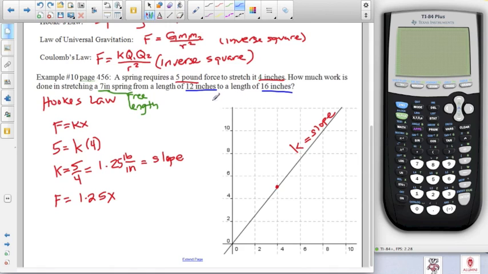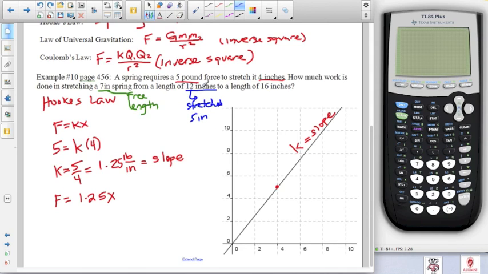And so you have to ask yourself, if we know the spring is typically 7 inches long, and we get the spring when it's 12 inches, then how much has it stretched if it's now 12 inches long? And so if it's 12 inches long, it has already been stretched 5 inches.